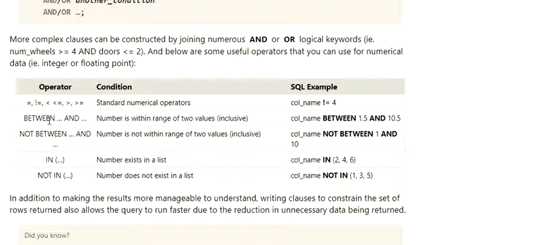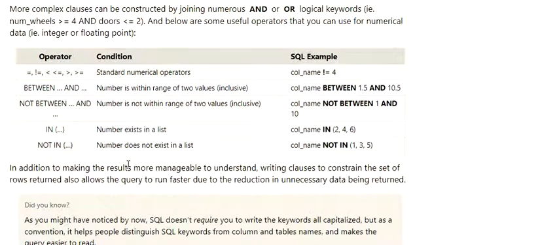And if the number is not within a range of two values, then we will be using not between and.